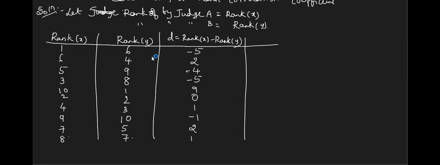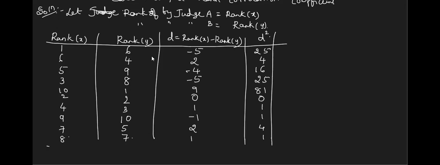Tell me after this what is required to calculate rank correlation. D square. Yeah, a column for D square. Square the values. 25, 4 4s are 16, 5 square, 9 square, 0 square, 1 square, 1 square, 2 square, and 1.